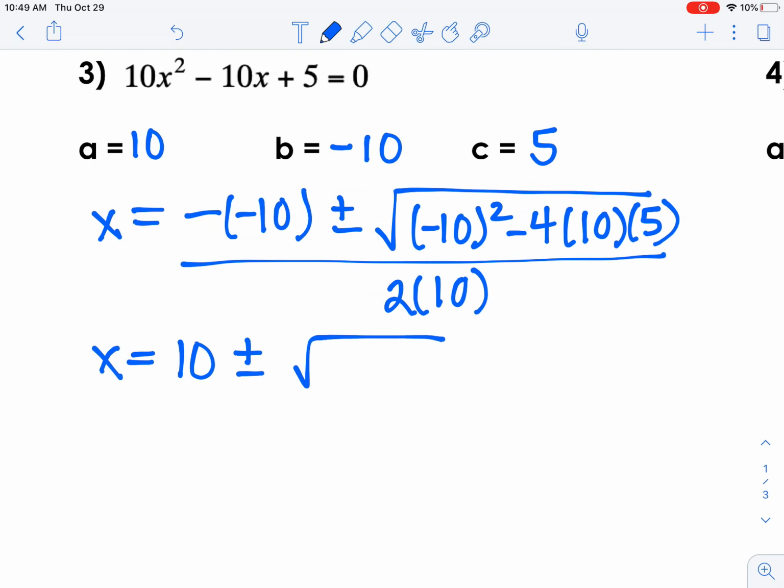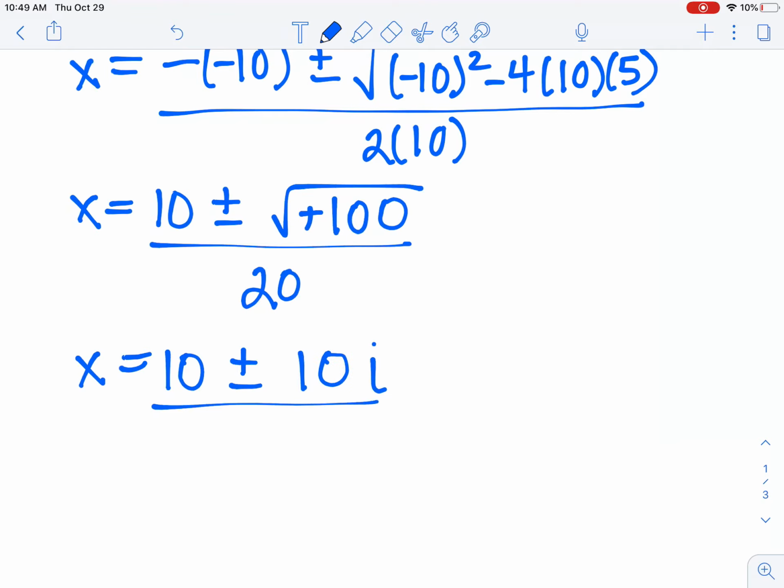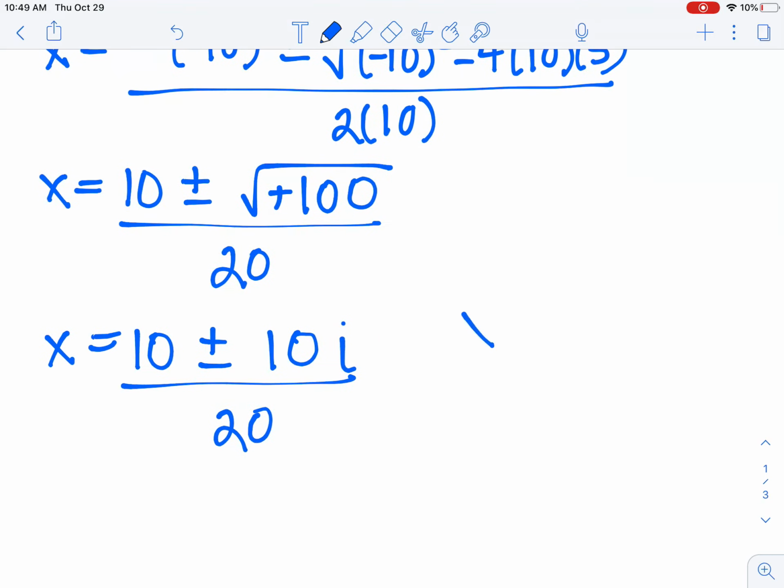Okay, so square root of negative 100 all over 20. Now we know the square root of a negative will have an i. Okay, to make that positive, we write our i, and then the square root of 100 is 10 over 20.